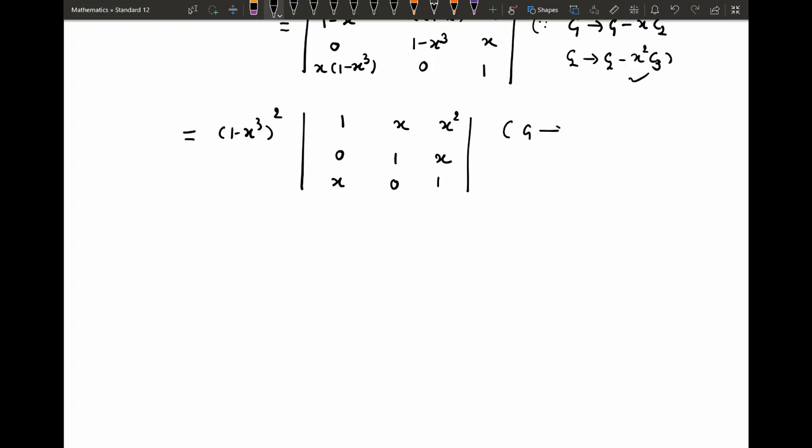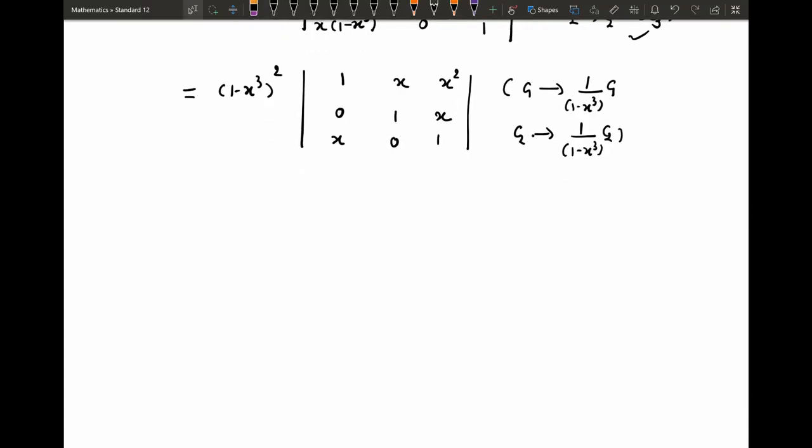So symbolically we denote C1 to 1 upon 1 minus x cube C1 and C2 to 1 upon 1 minus x cube into C2. Now we can expand this determinant.